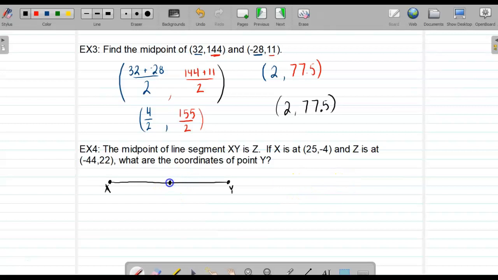Z is the midpoint here. Okay? And then X is located at (25, -4). And Z is at (-44, 22).